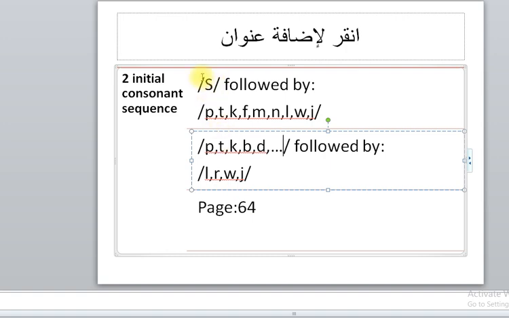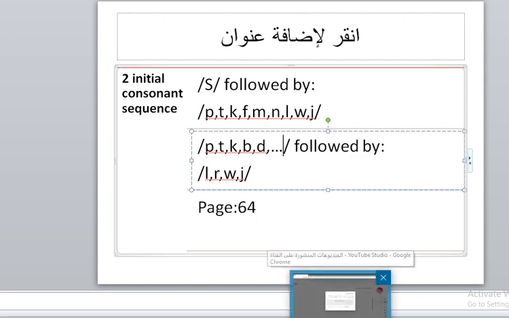The first case is when S is followed by these sounds. We have the two consonant sequences. Or one of these sounds; you see I didn't type all of the sounds, because this is only a sketch. I'm just trying to give you a review about the whole chapter.